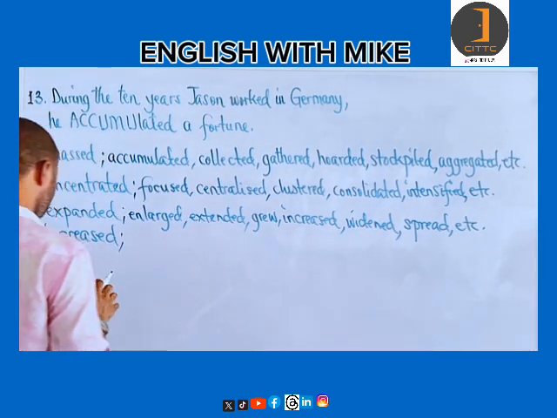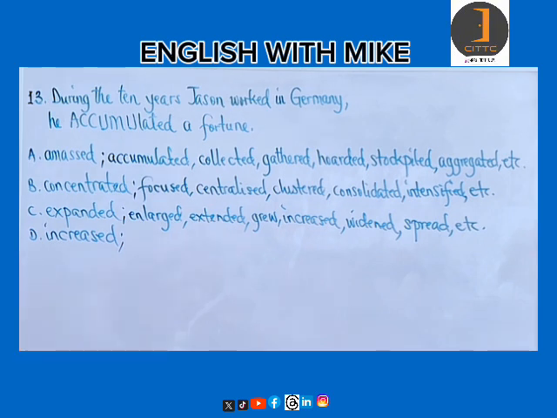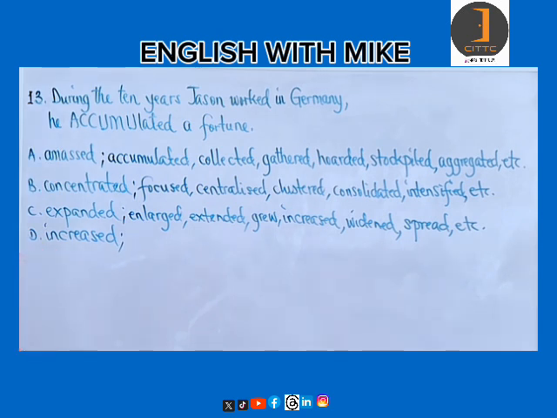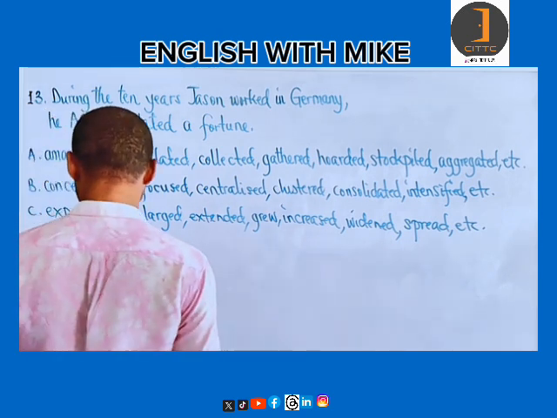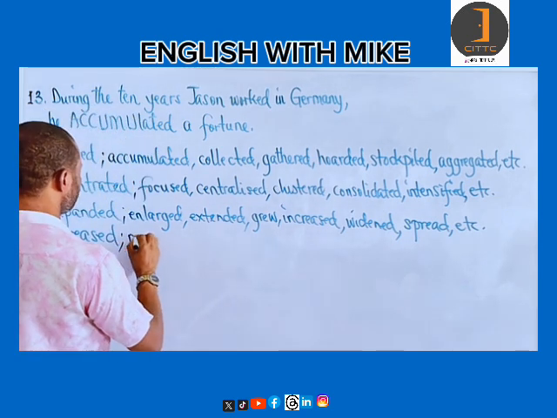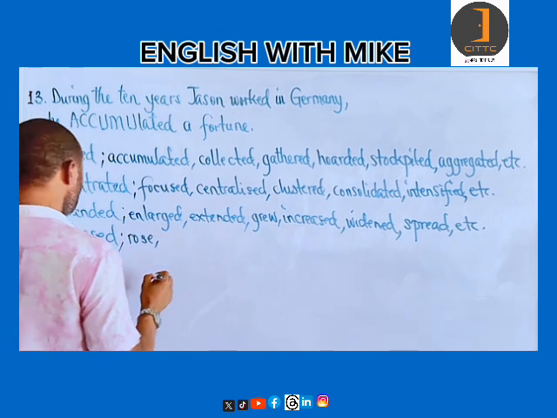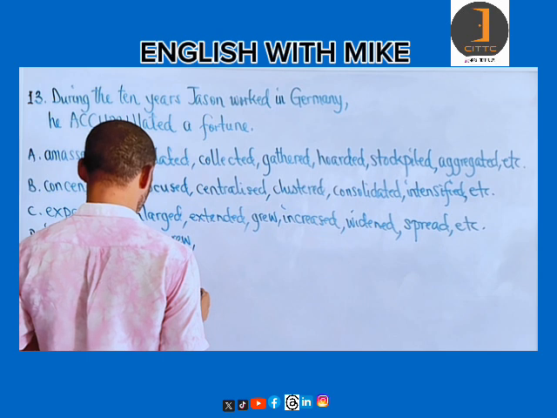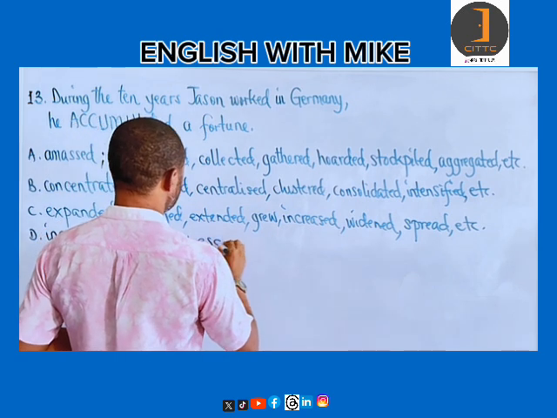Finally, we have increased. To increase is to become greater in number, in size, or in intensity, or degree, as the case may be. So the past tense would be rose for synonyms, same as grew or escalated.